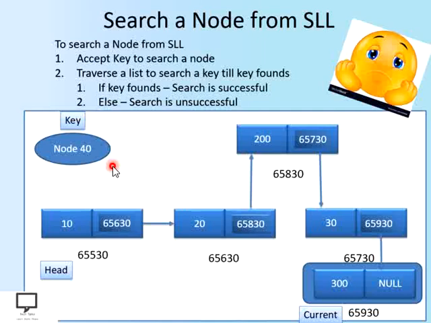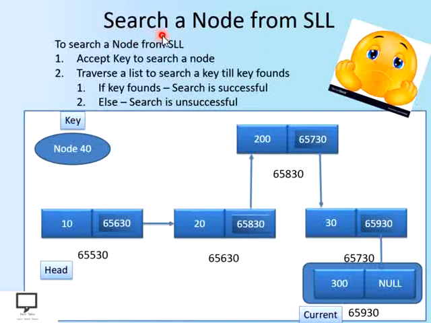Now you must be having a question in your mind: when can we use this search operation? As I explained previously, there are different operations that we can perform on a singly linked list, among which are insert and delete. We take the help of the search operation to insert a node after any particular node, which you have to find with the help of search.